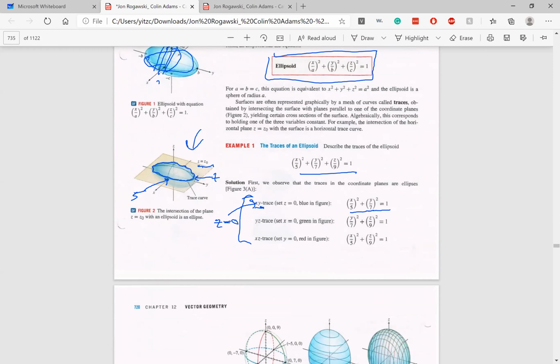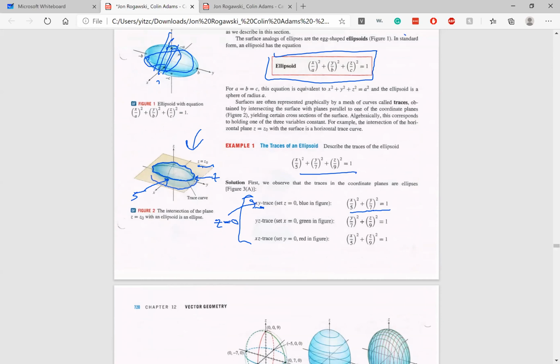This over here happens when we set x equal to 0. So when x is equal to 0, we are looking at this ellipse, the one that goes under. And this is when we set y equal to 0, and that's this ellipse over here.